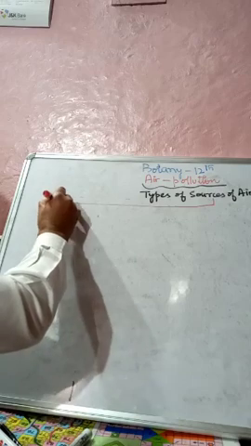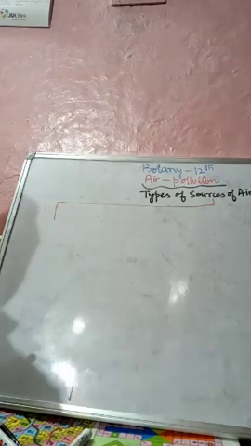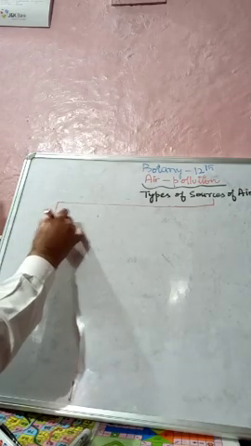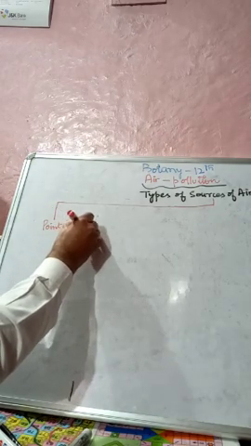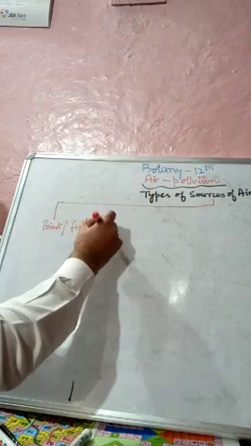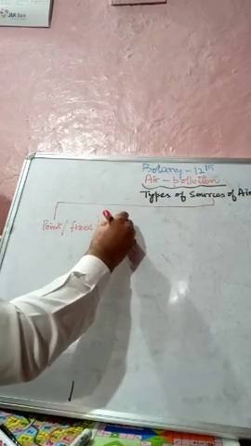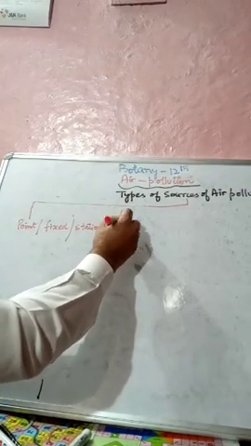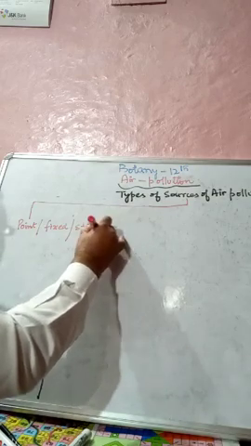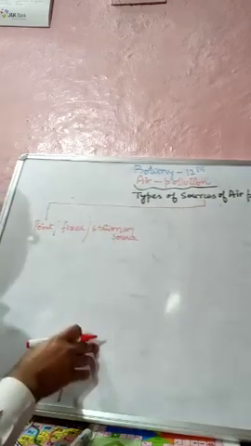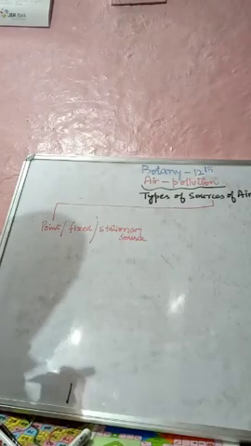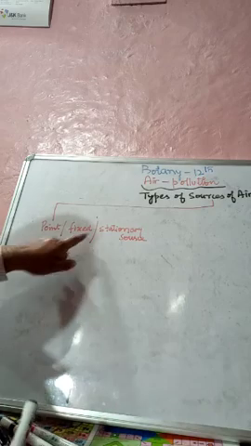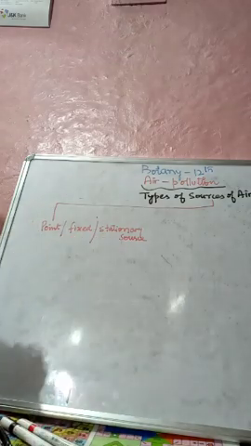First one is called point, that is called fixed, that is called stationary source. So the first type of sources of air pollution is the point, that may be the fixed, or that may be the stationary source.